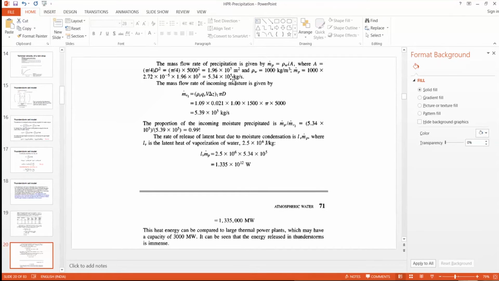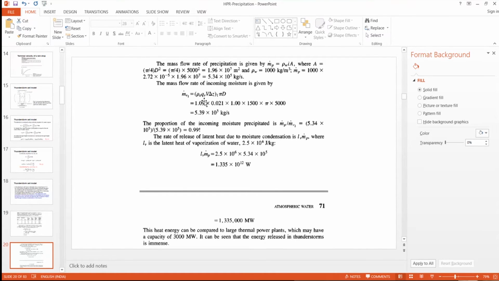So this is the mass flow rate of precipitation taking place in this storm. Then the incoming moisture at the inflow region is given by rho A QV V delta Z into pi d.